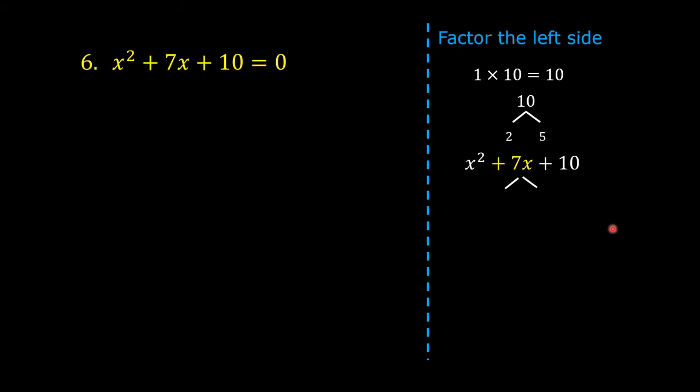So 7x can be split into 2x and 5x. We can write this now as x squared plus 2x plus 5x plus 10. And enclose in parentheses the first two terms and then the last two terms.